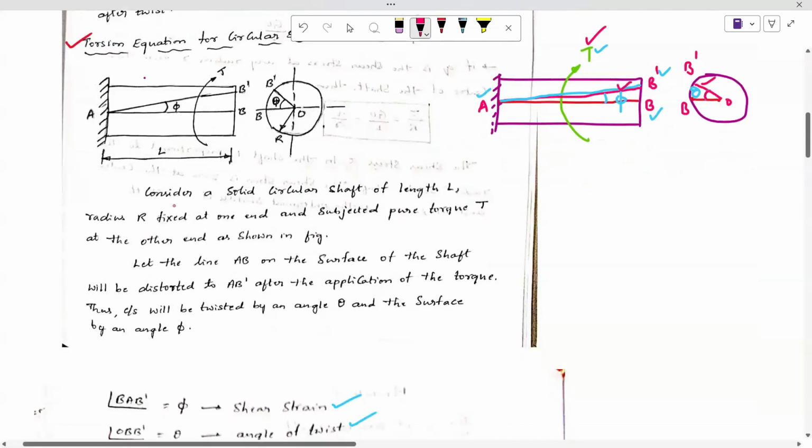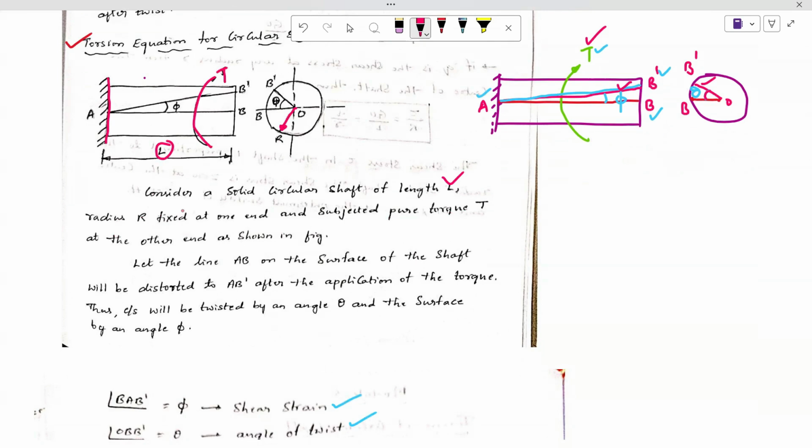So here the explanation is given. Consider a solid circular shaft of length L. The radius, from here to here, is R, fixed at one end and subjected to pure torque P at the other end. That means on the other end, it is subjected to torque.